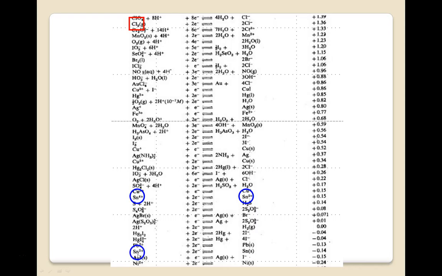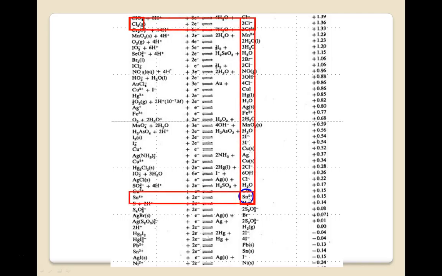Now, chlorine is on the top left. Here's tin 4+ underneath, but it's on the left. So therefore, chlorine cannot react with tin 4+. But here's tin 2+ on the right and below chlorine. So that will work because we have our clockwise pattern. So chlorine and tin 2+ will react spontaneously.